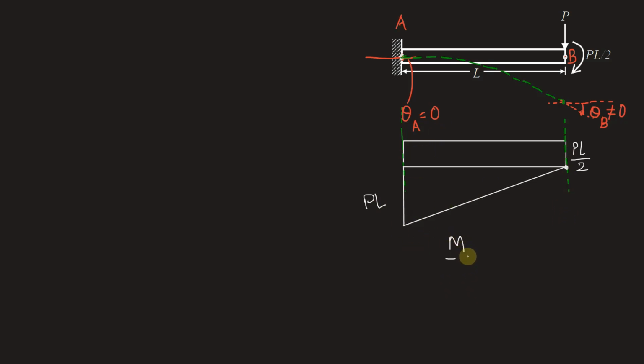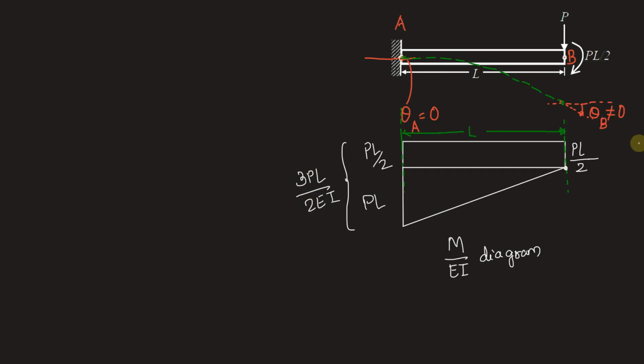We can draw the M by EI diagram over it if we just divide each of the ordinates of this diagram by EI. So at this end we have PL by 2 plus PL, that is 3PL by 2. So this ordinate will be 3PL by 2 EI. Although we are taking these ordinates to be the same as on the bending moment diagram, 3PL by 2 EI will of course be smaller than 3PL by 2 because we are dividing by EI.